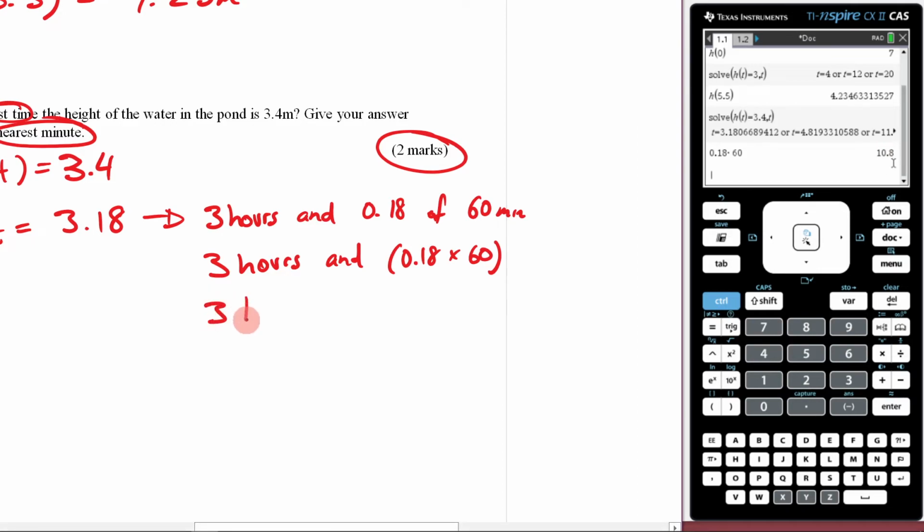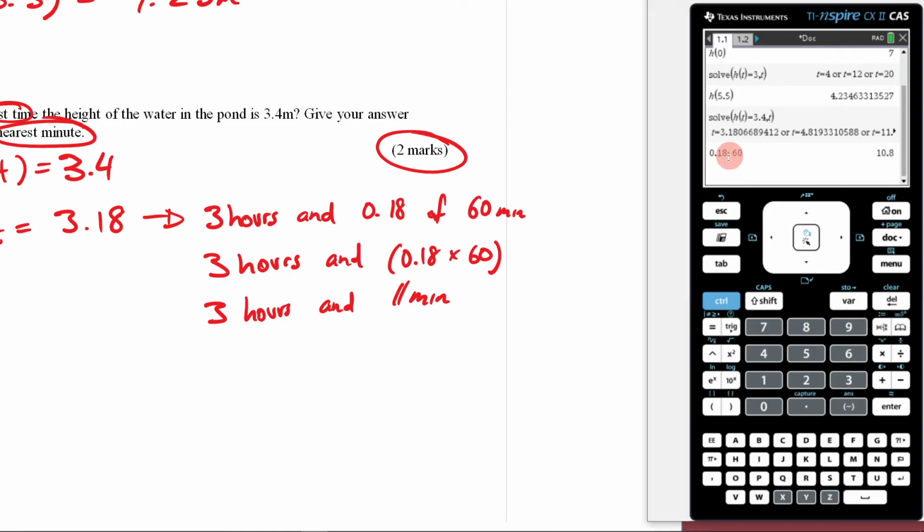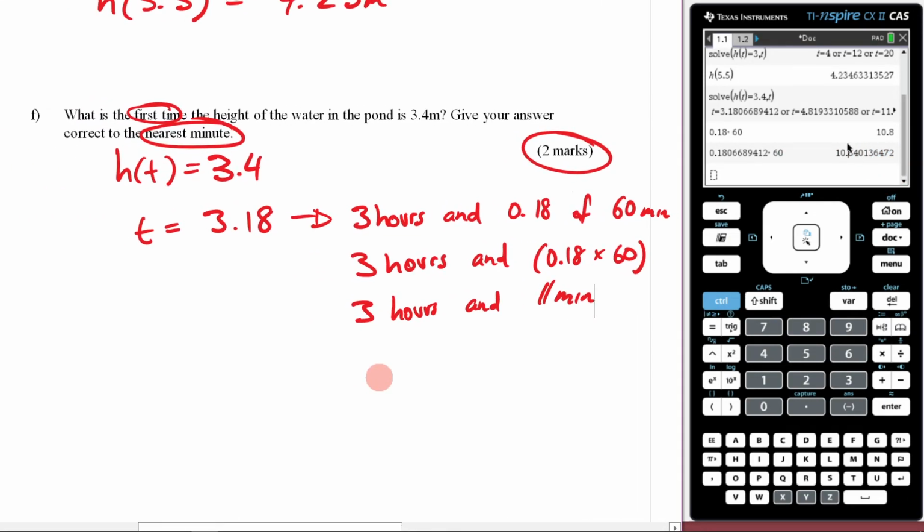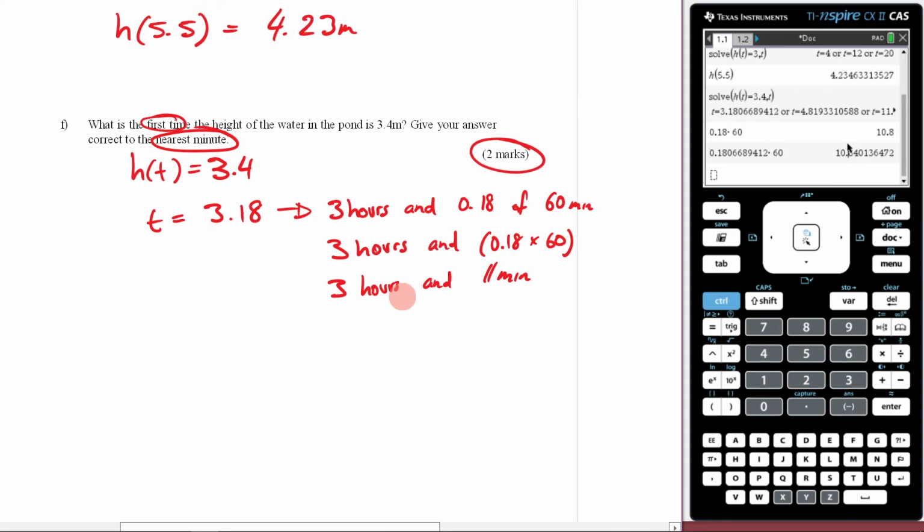So 3 hours and 11 minutes. Can I also show you a safer way of doing this? Instead of just taking this, you could have taken all of these numbers here and then times that by 60. And then if there's any rounding issues, you'll see them. But of course, here we don't have any rounding issue. This is still going to be rounded to 11 minutes. Okay, so now it's 3 hours and 11 minutes.